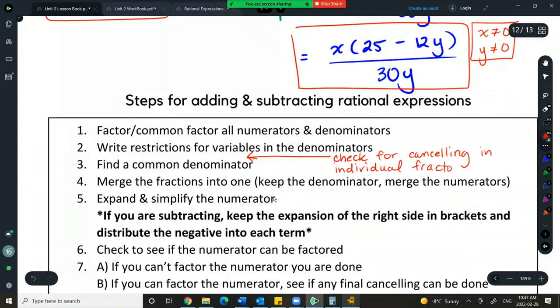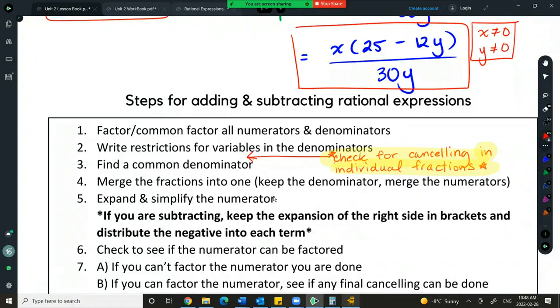No cross canceling or anything like that, just canceling in its own fraction, a top with a bottom. A lot of times that is not possible, but on the odd occasion where it is, if you don't do that step, you're going to be dealing with things that you probably don't even know how to factor after that. So always check for canceling in individual fractions, and then you can move forward.